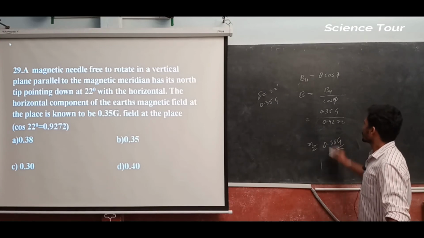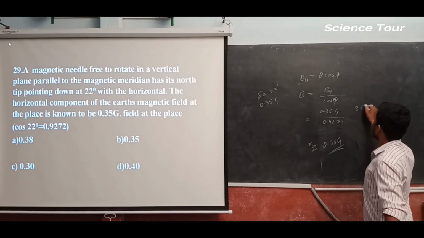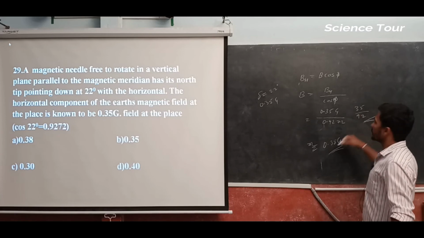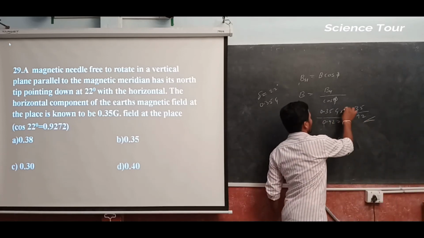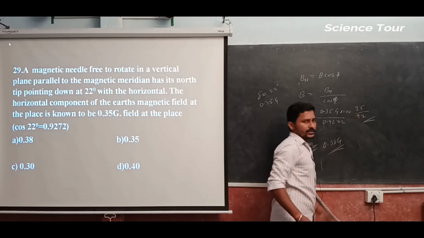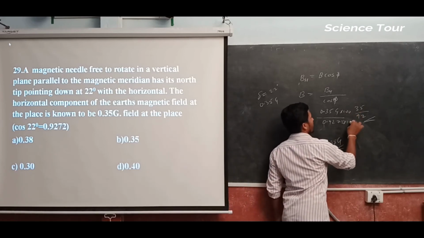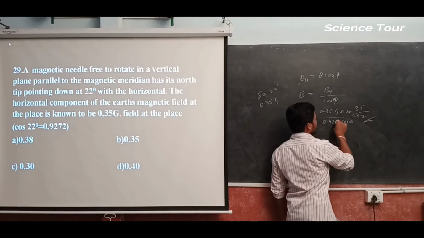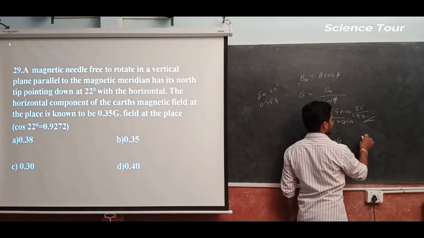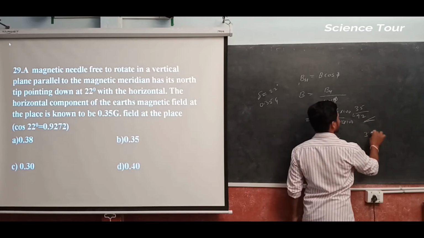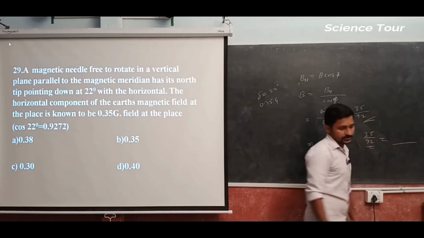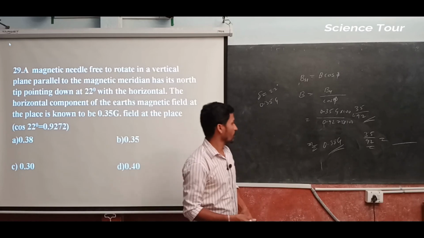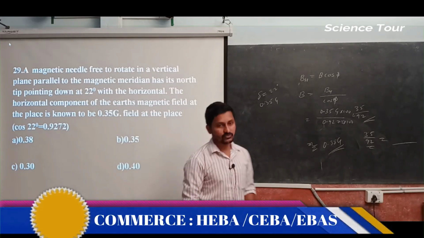Or else you can do this: that is nothing but 35 divided by 92. Multiplying by 100 is easy, so cos 22 is nearly 92.72, and I am going to take it as 92 itself. 35 divided by 92, find out the value, that must be nearly equal to 0.38.